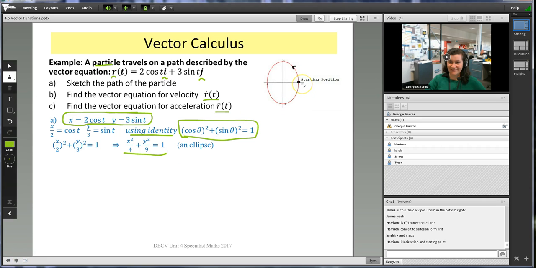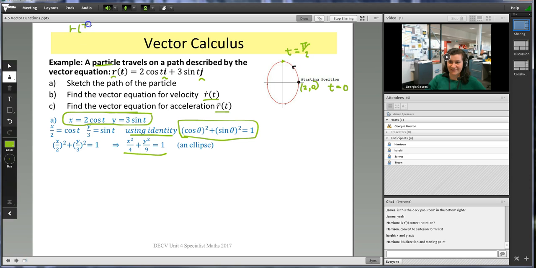So this is going to start here at 2, 0. Okay, and it's going to go up in this direction. So we've got a starting position at t equals 0. If we just substitute t equals 0 into the vector equation, we'll get that starting position. And if we substitute t equals pi on 2, that'll give us this position up here, and that'll inform us of the direction of the motion of this object on this path. So putting in pi on 2, let's just do that.